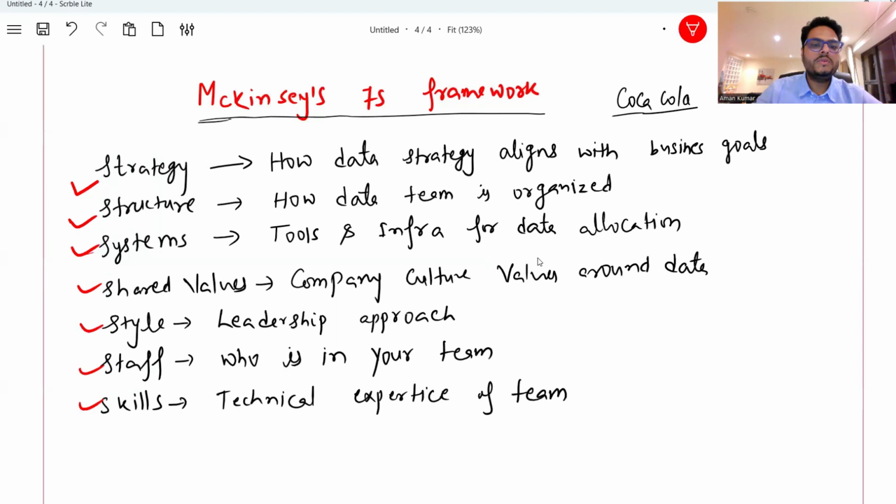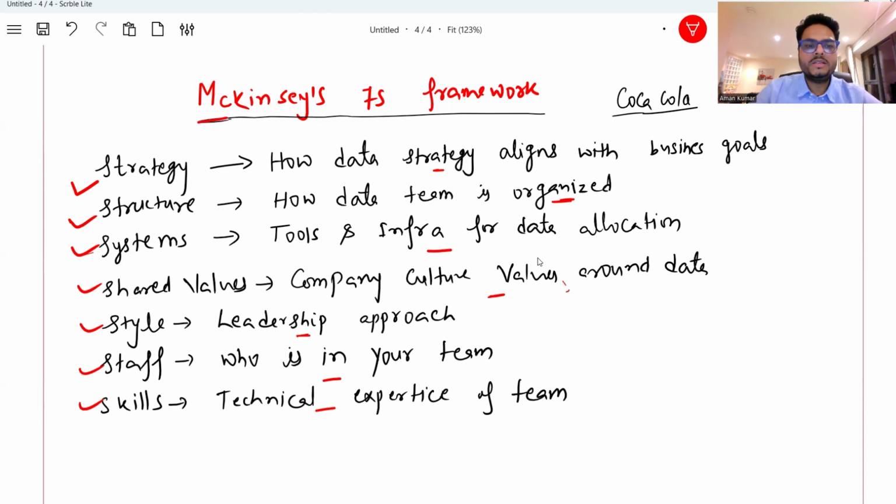Why? Because you have a strategy in place, you have good leadership, a good team, the right infra, your data team is organized properly, and there are shared values. So it's highly likely that your project will succeed.